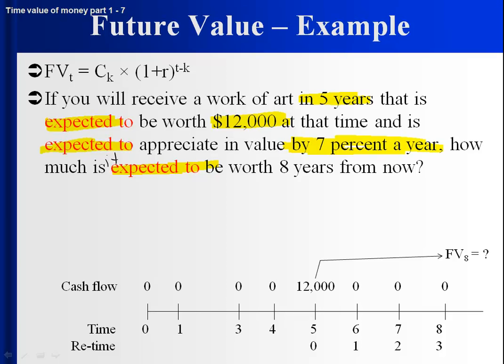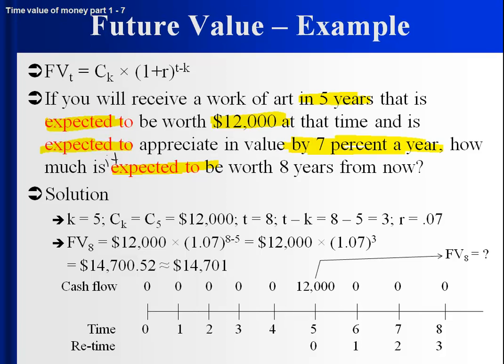So again, look, the analysis is identical to the problem we just did. You can see that we don't know exactly how much it'll be worth in 5 years, but our best guess is 12,000. We don't know what the actual return is going to be, but our best guess is 7%. That's our expected return.